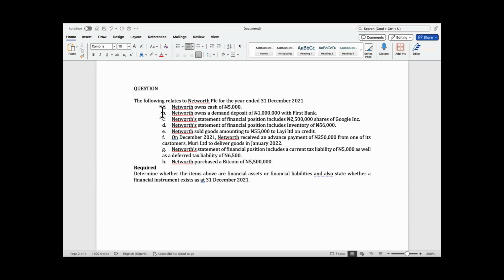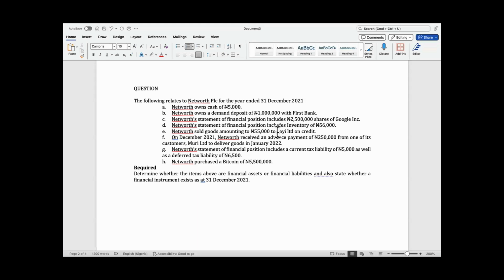So is there a financial instrument here? There is, of course. So Networth has a financial asset because it sold on credit. That is a trade receivable, so he has a right to receive cash.